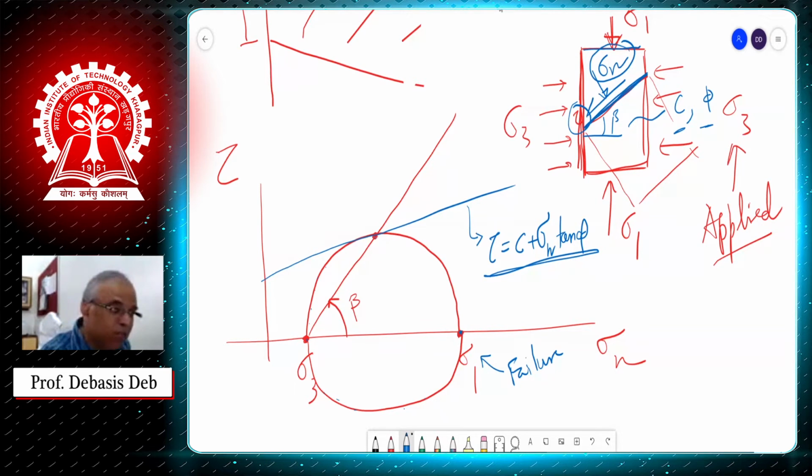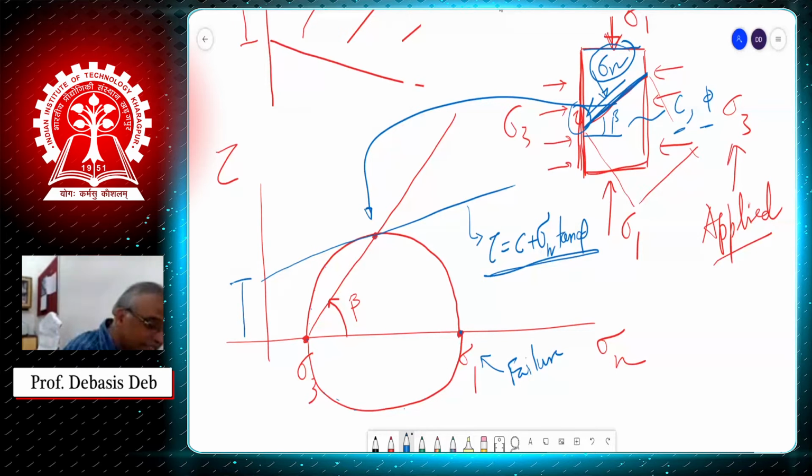So tau will be the failure stress and sigma n will be the normal stress at that point. So this represents this plane, this point, where it has failed. I hope you understand that. So this is C and this angle will be the phi angle.